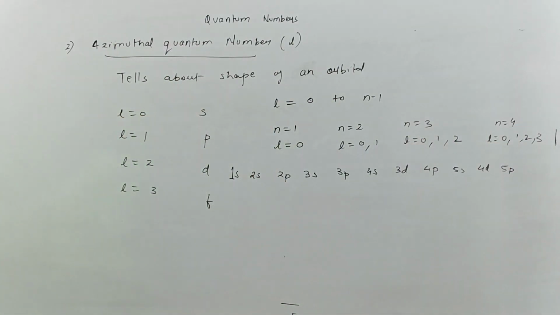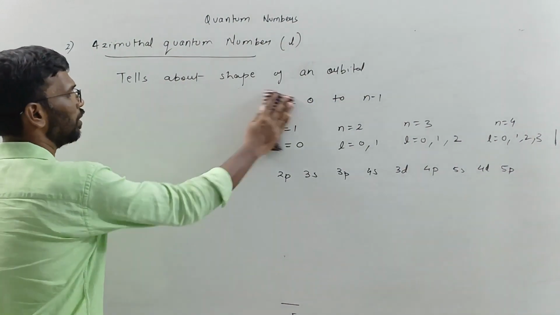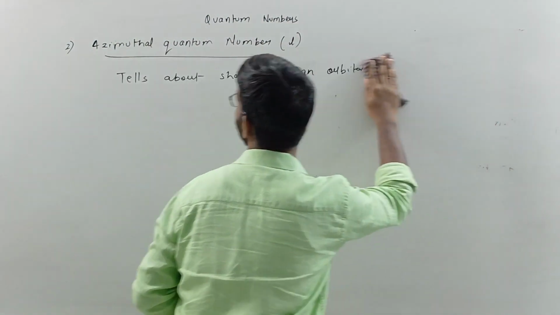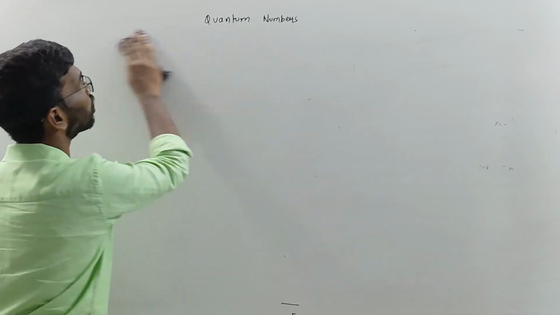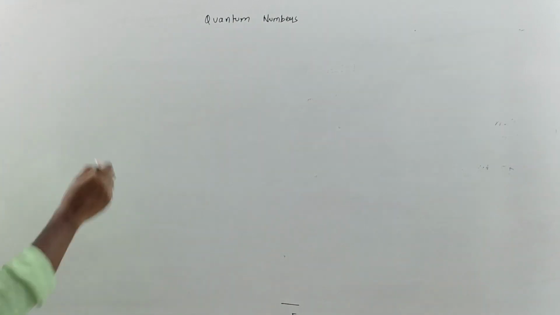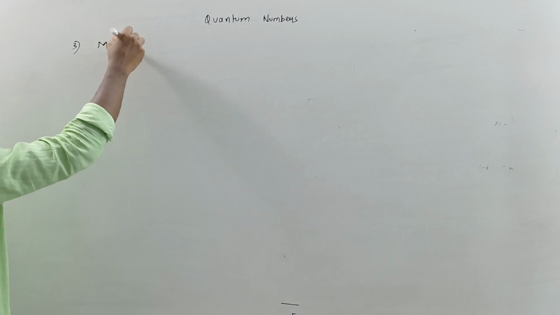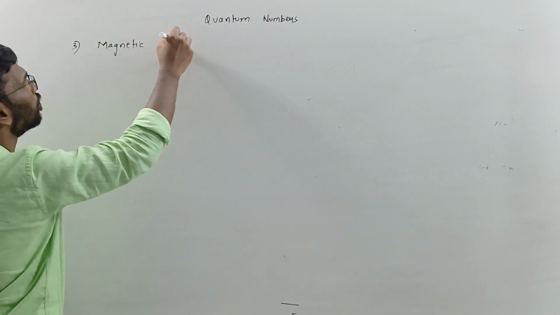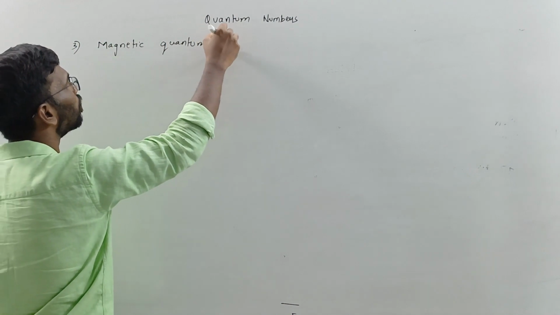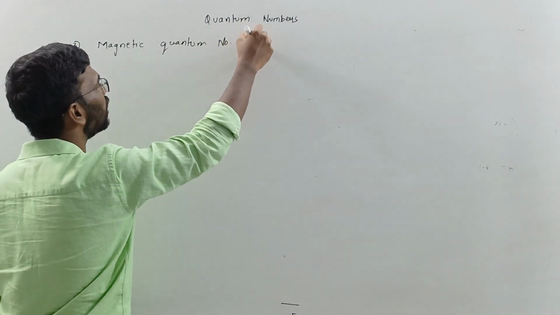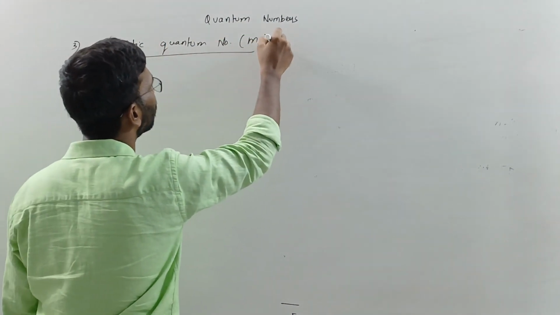Next, the third is the magnetic quantum number. It is represented by ml.